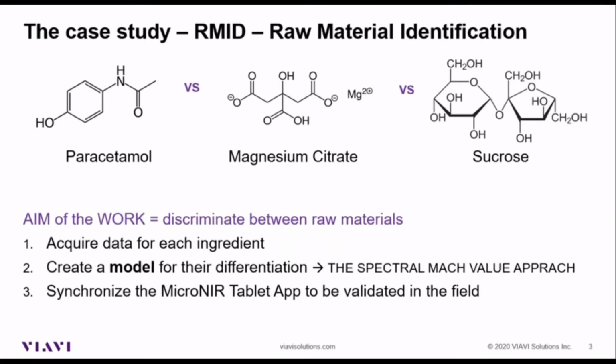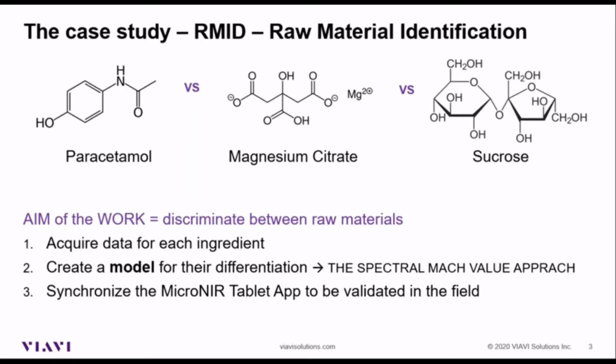What we are doing today is a real case study. I'm at home, but I tried to recreate an example like in the lab. I have with me some powder of paracetamol, of magnesium citrate, and of sucrose. I have my MicroNIR with me, and we will acquire the data of the ingredients.